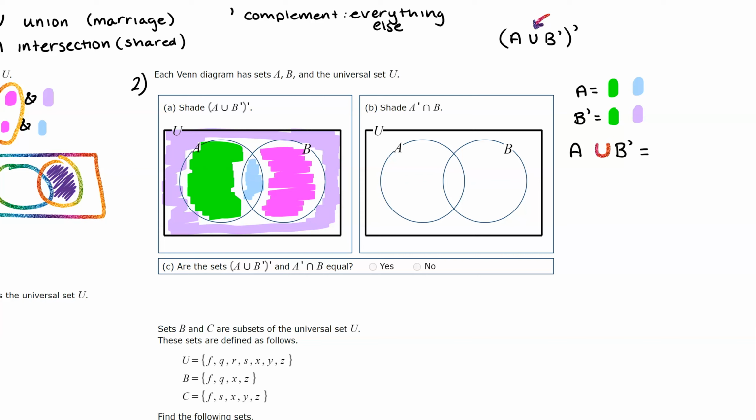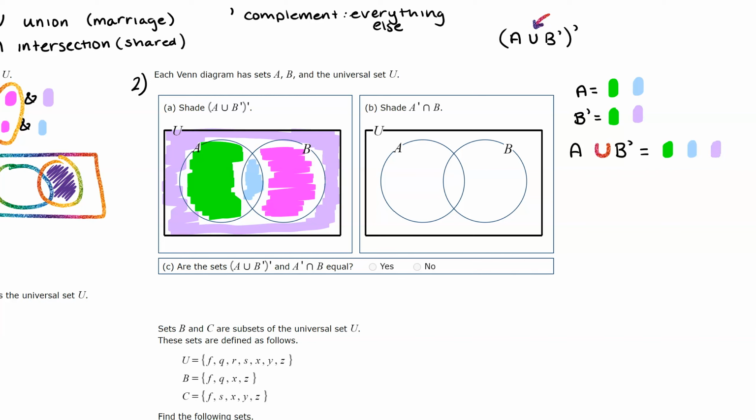As long as it is in there one time, it's part of the union. If it's in there twice, it's part of the union, and it's also part of the intersection. But here, we don't care whether it was in one of the sets or both of the sets, it's all considered the union. So A union B complement is going to be green, blue, and purple.